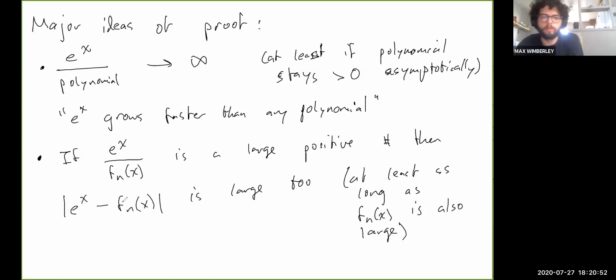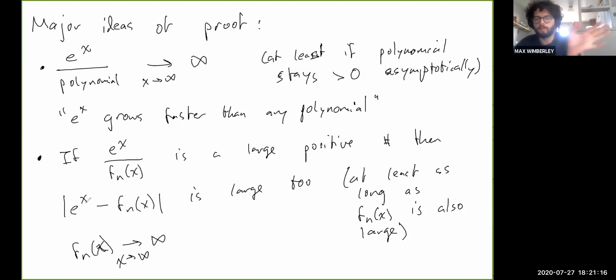We know two things at the same time. One is that fn of x goes to infinity as x goes to infinity. But at the same time, once you get to large enough values of x, e to the x over fn of x is also getting really big. So clearly the distance between them has to get bigger and bigger, and basically it has to go to infinity.